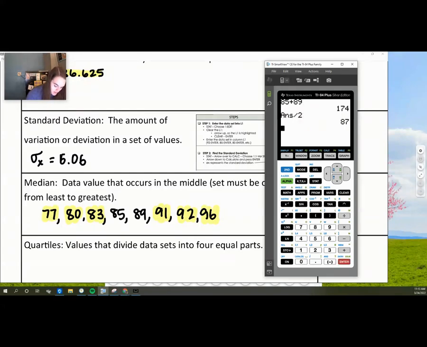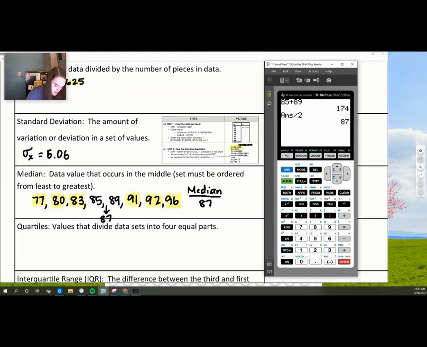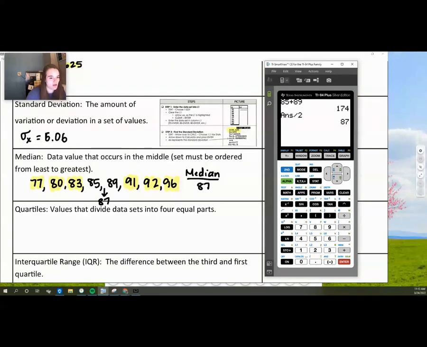The median is 87. So my median is 87. Okay? And I could just make the one right here. It's 87.